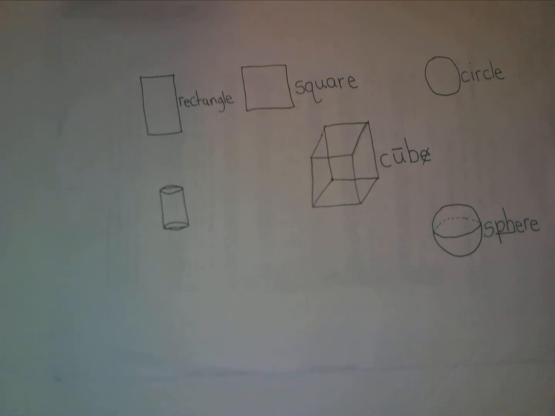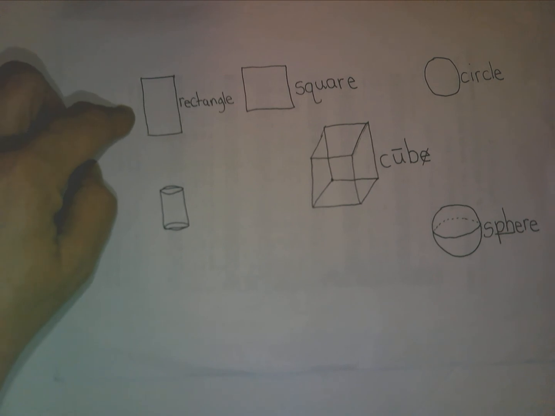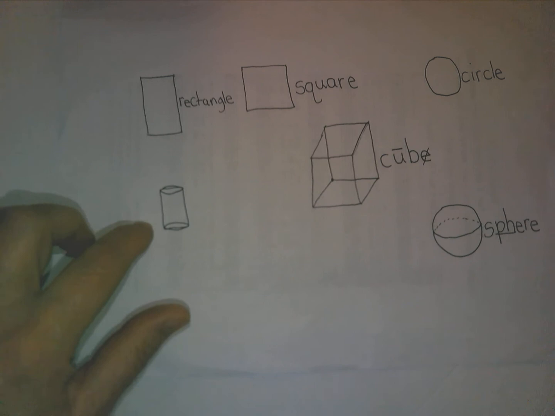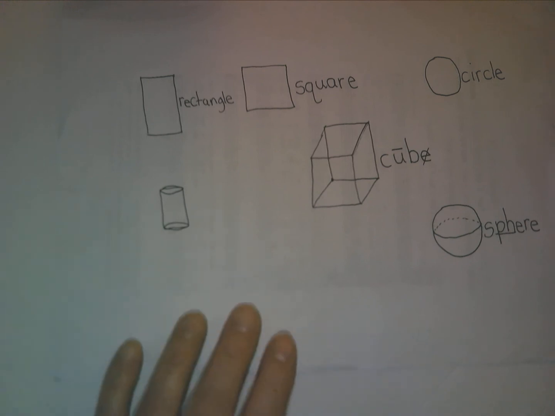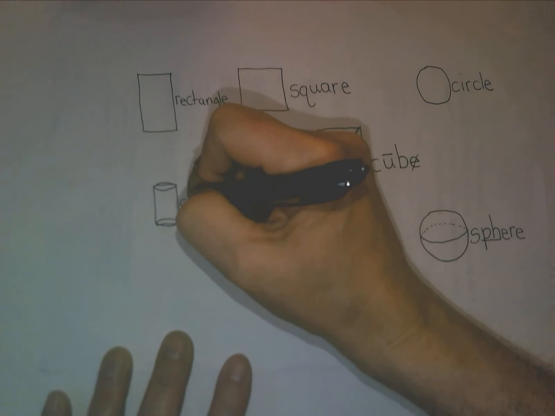Okay? This is the two-dimensional rectangle. And a shape that's sort of close to a two-dimensional rectangle, only it's three-dimensional, is a cylinder. This is called a cylinder.